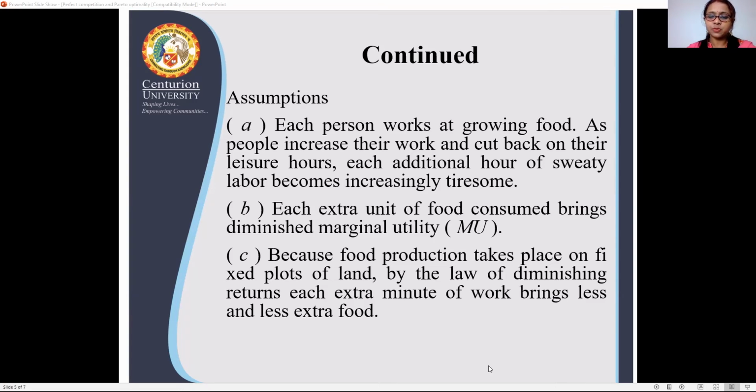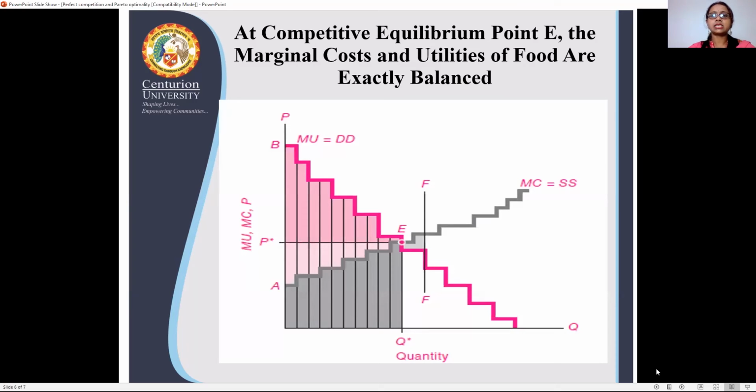So let's explain it diagrammatically. This is the competitive equilibrium point. There is a demand curve and a supply curve. We have discussed this in setting up the equilibrium price in a perfectly competitive market. Let's look at this figure very closely. It shows supply and demand for our simplified competitive economy.